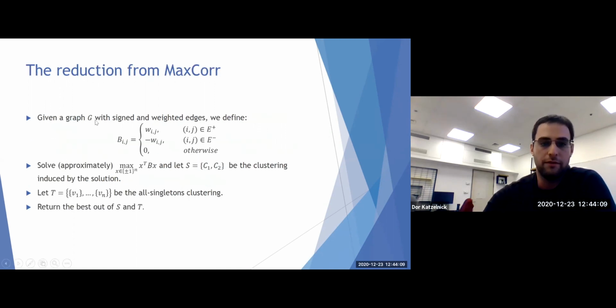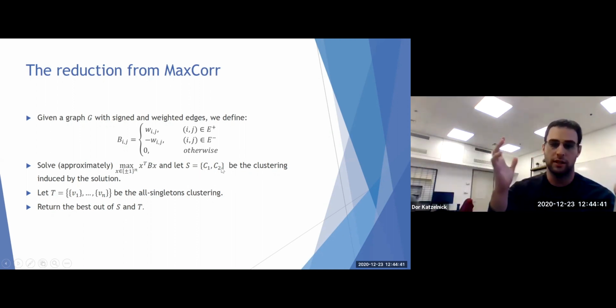So you are given a graph, again, with signed and weighted edges, and you define the following matrix. Bij will be equal to the weight of the edge ij if it is a plus edge, or the minus of the weight if this is a minus edge. Then you solve the max quad problem and you get a solution, and you define the clustering that is induced by this solution.